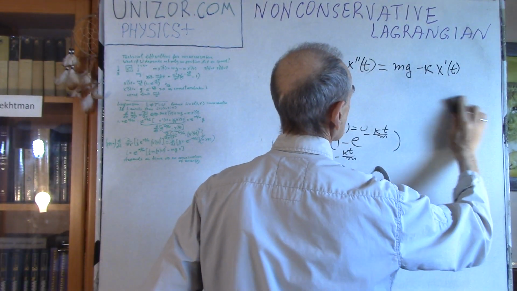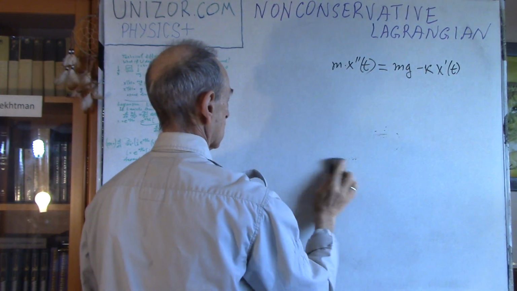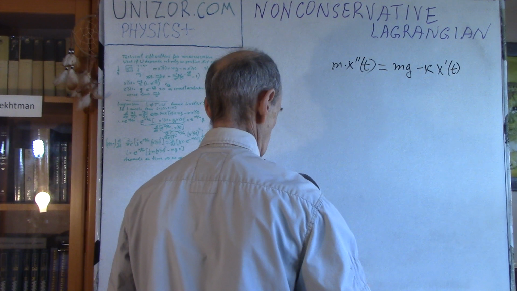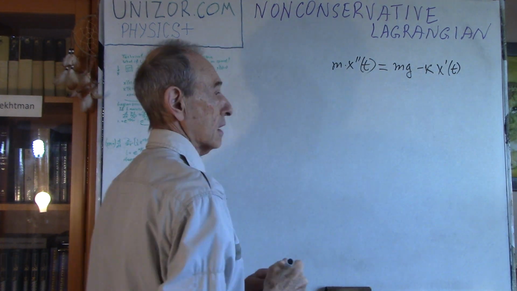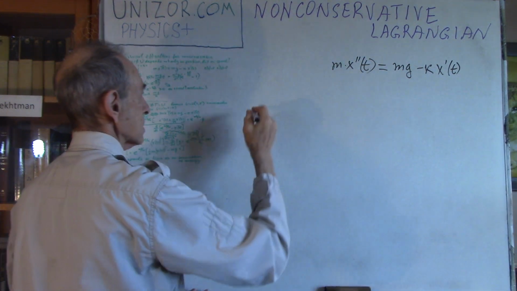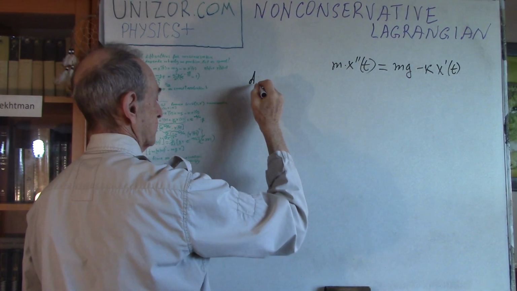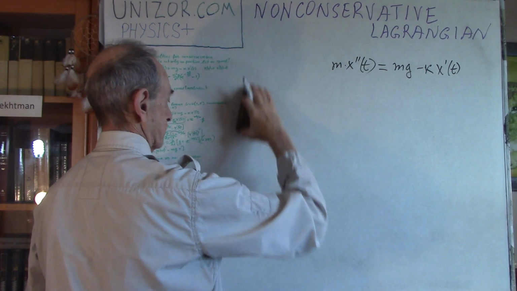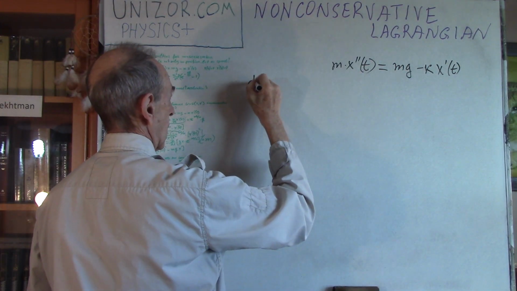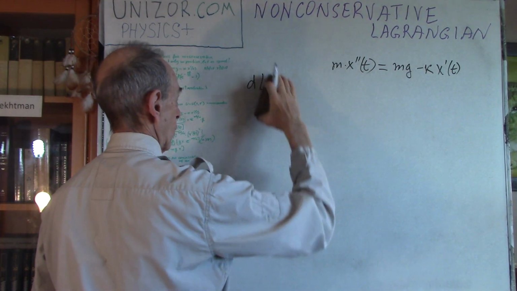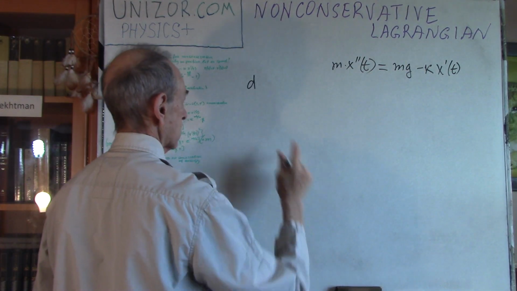So this is my Newtonian second law. Now, if a Lagrangian exists for this system, then the Euler-Lagrange equation, which is this, first we go by time, right?